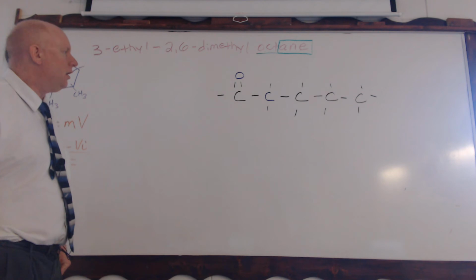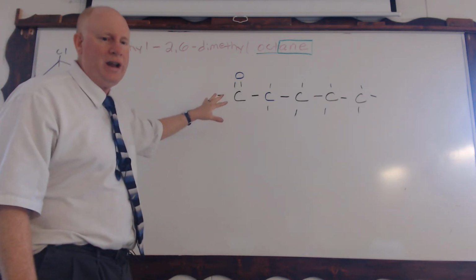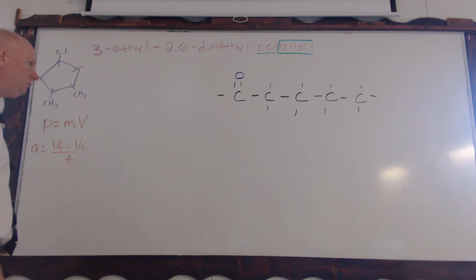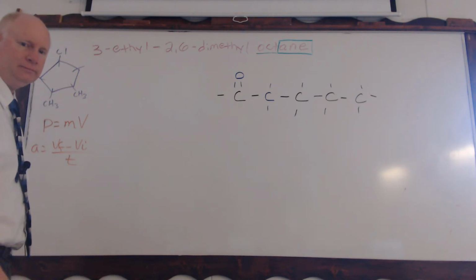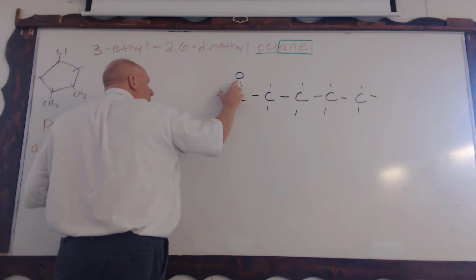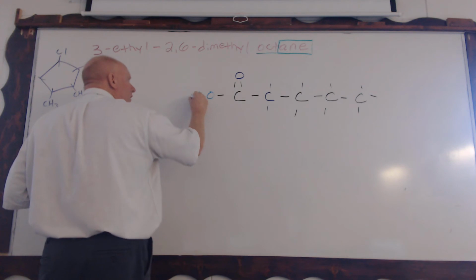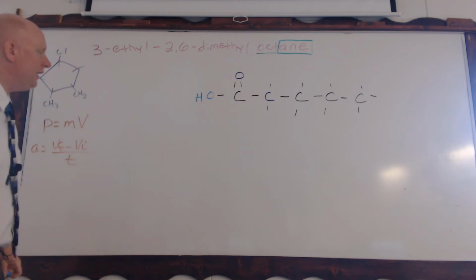So here we have this aldehyde. I want you to think about how to change it to an acid now. Fairly simple. Upon doing so, we still have to have this double bonded oxygen, and we'll change this to an OH. Now we've got an acid.